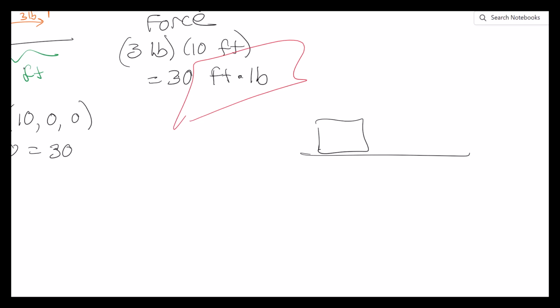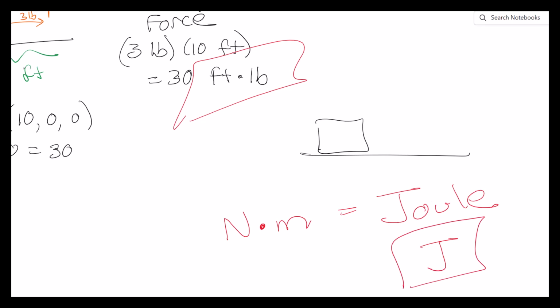Now, in scientific units, international units, it would again be newtons times meters, but whenever we're talking about that in terms of work, we call it a joule. So it's another one of those derived units. So if you see something like 30 J, that means 30 joules, which is the same thing as 30 newton meters.